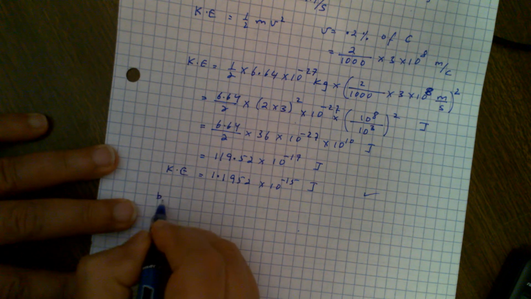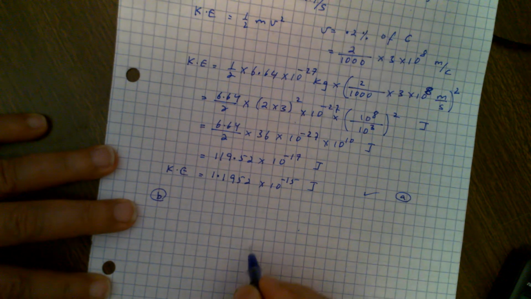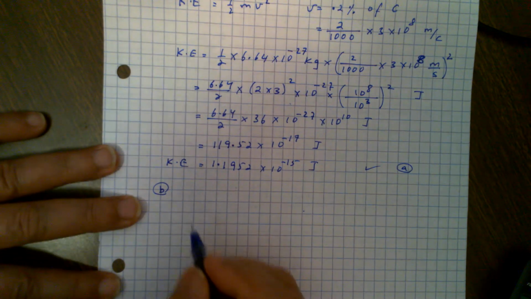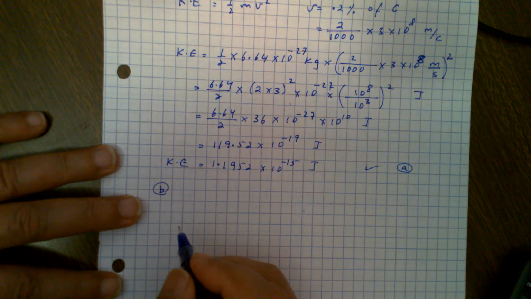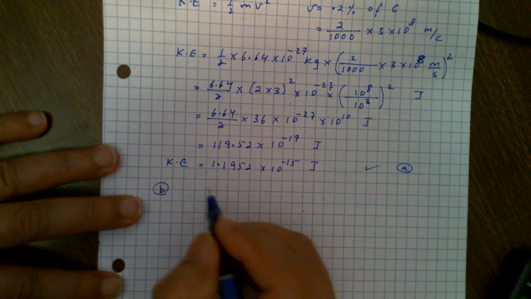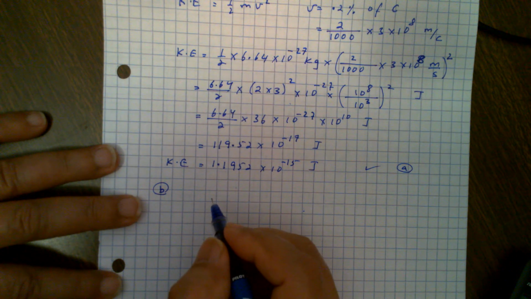Now for part B, I have to find the energy in units of electron volt. So you know that 1 electron volt is 1.6 times 10 to the power negative 19 joules. Right?